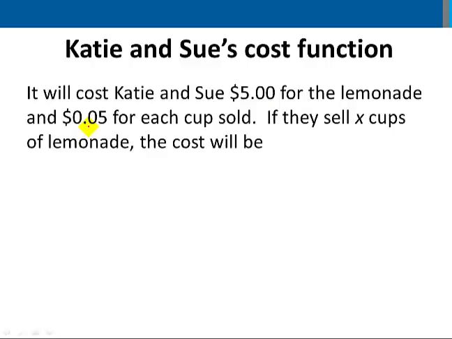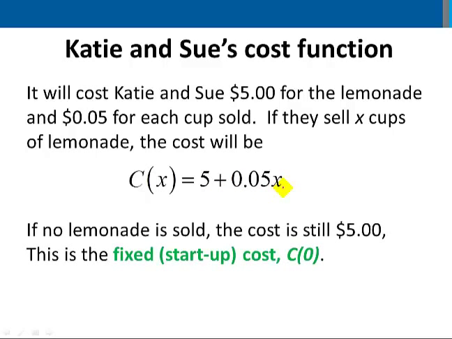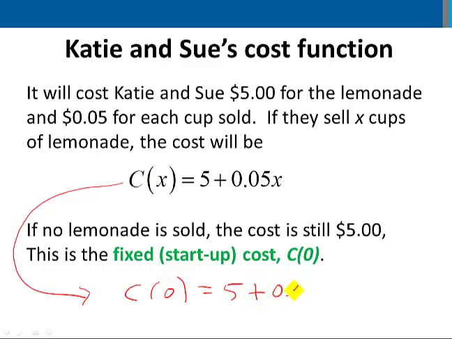If they sell x cups of lemonade, the cost will be the cost function, c of x equals 5 plus 0.05x. If no lemonade is sold, the cost is still $5. This is the fixed or startup cost, c of 0, and note in this case, if we plug 0 in for x, c of 0 would be equal to 5 plus 0.05 times 0, which would give us 5, and the 5 is the cost of the lemonade that they'll need to pay regardless of number of cups sold.